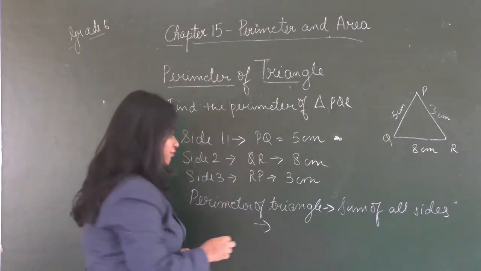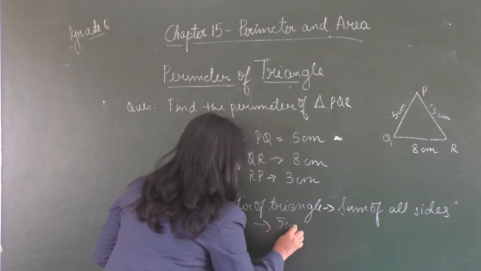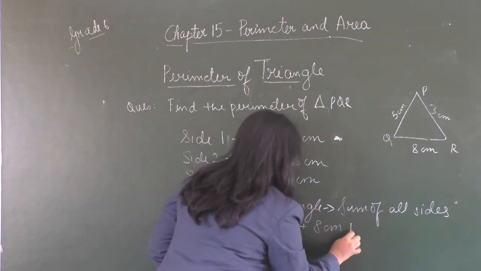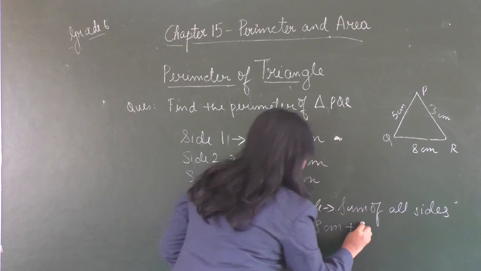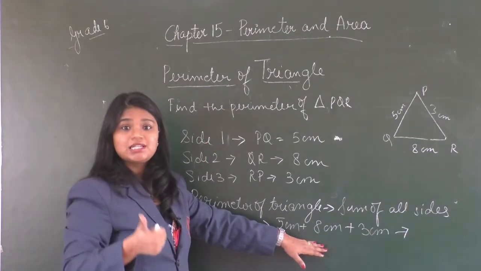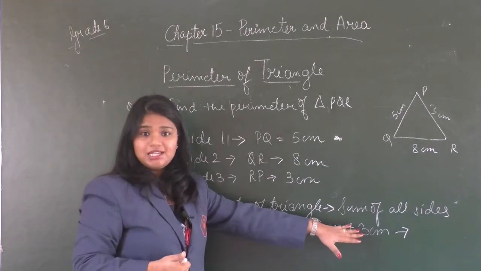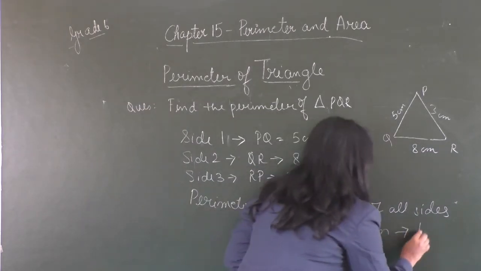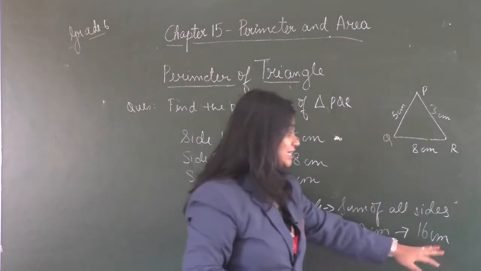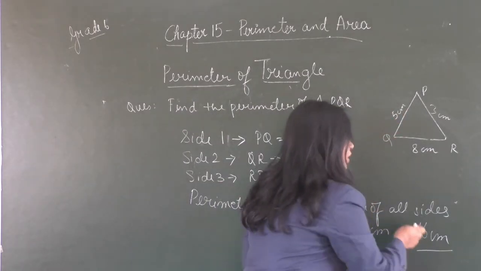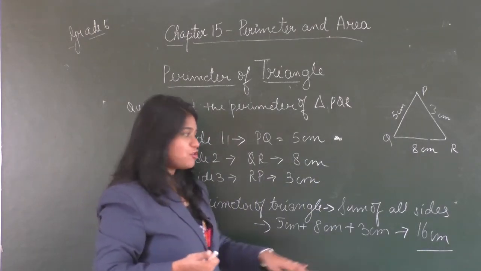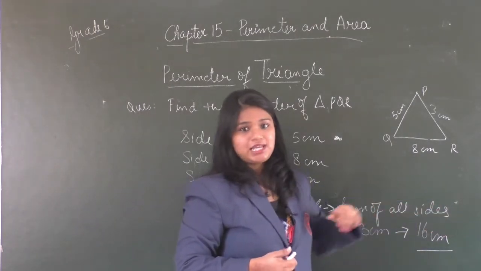So I will write 5 centimeter plus 8 centimeter plus 3 centimeter. So 5 plus 8 is 13 and 13 plus 3 is 16. So we got the perimeter of triangle PQR as 16 centimeter. So whenever you are finding the perimeter of a triangle, you have to use the formula sum of all sides.